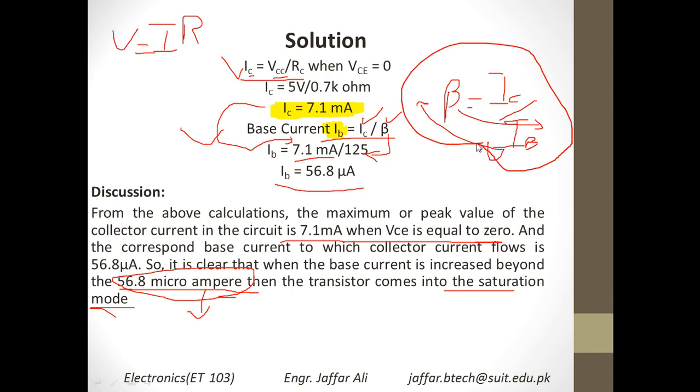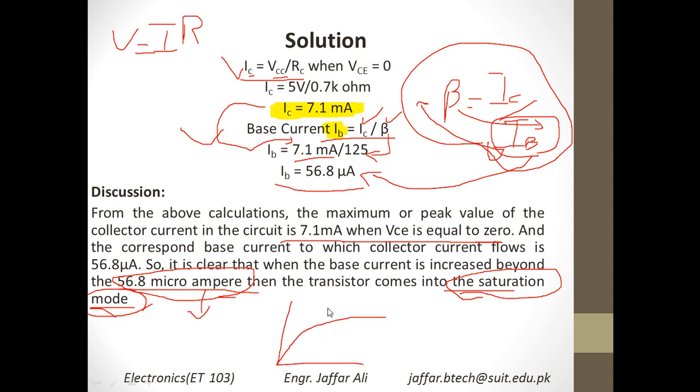So using just these two equations, you are able to find the value of this IB, and from there you concluded that after this much current, the transistor will be switched on permanently, because it is in the saturation mode. You know that after the saturation mode, the transistor becomes switched on. This is your saturation mode from this side to this side, where that line becomes nearly straight.